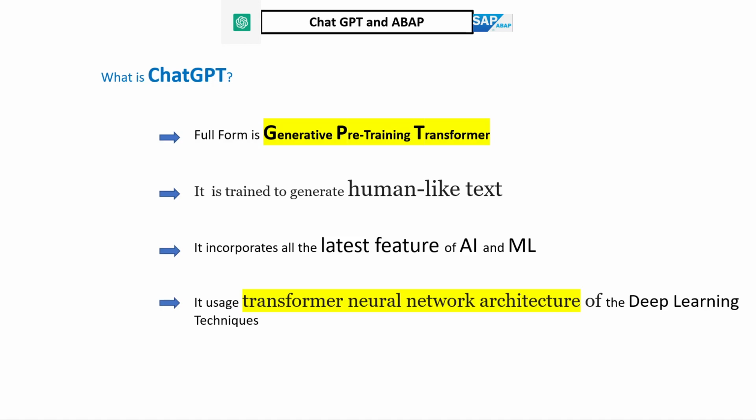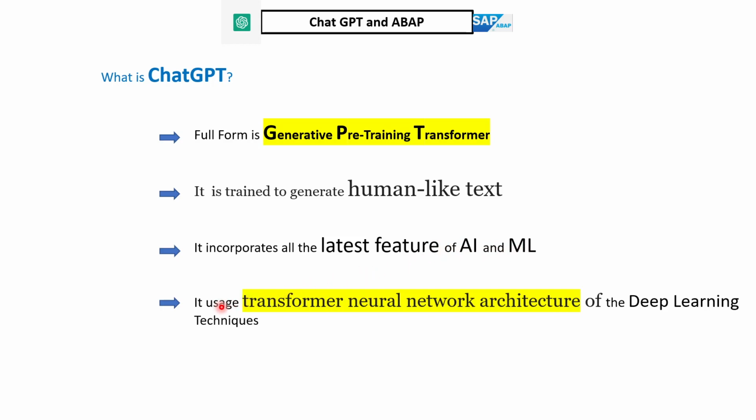So ChatGPT stands for Generative Pre-trained Transformer. Here, as you can see, this is what I put over here. The second point: it is trained to generate human-like text, which I will show you in practice. It incorporates all the latest features of AI and ML, artificial intelligence and machine learning.